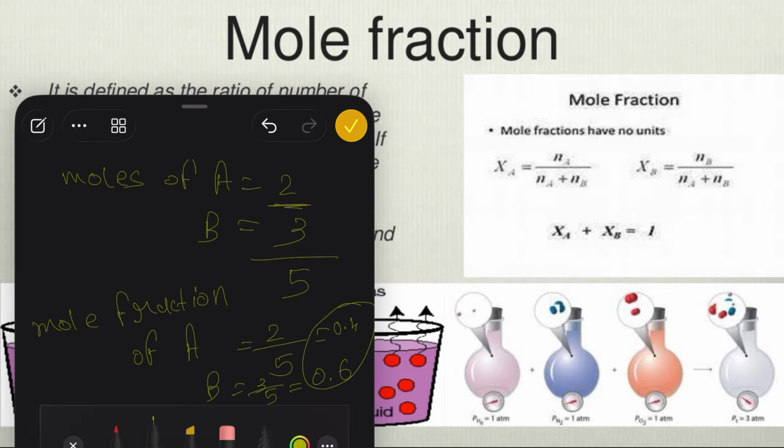So the mole fraction of A plus the mole fraction of B is equal to 1: 0.4 plus 0.6 is equal to 1.